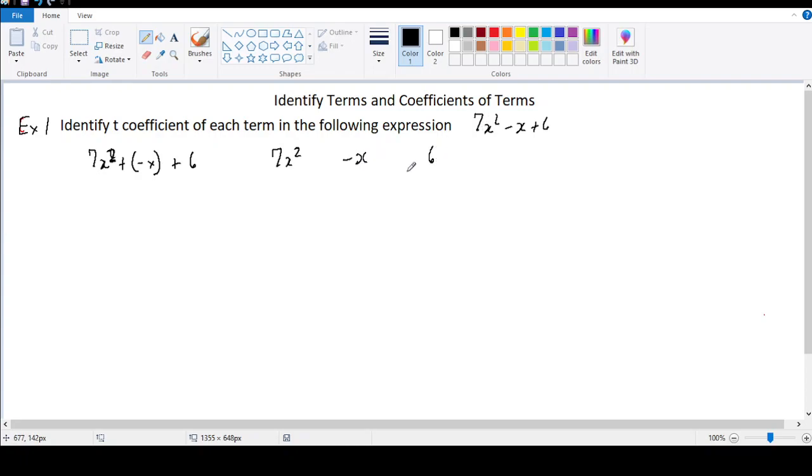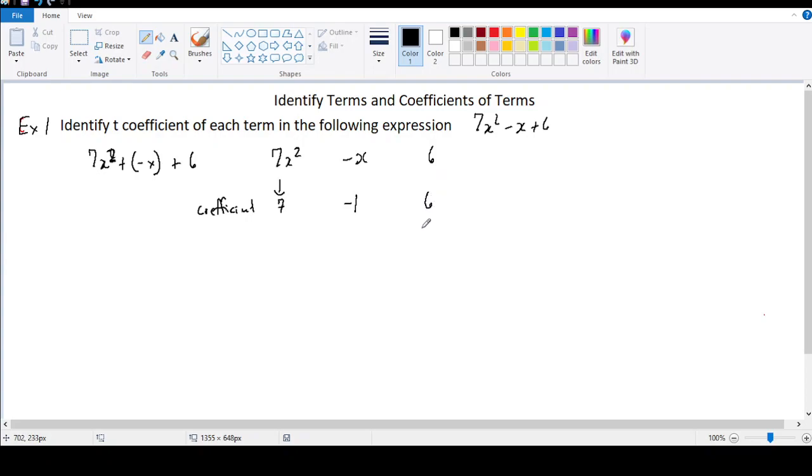The numerical factor of each term is the coefficient. The coefficient of the first is 7, the coefficient of the second is negative 1, and the coefficient of the constant 6 is simply 6.